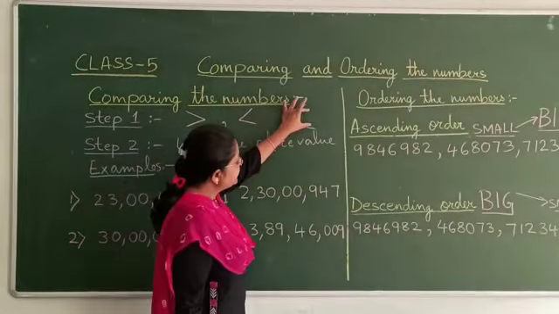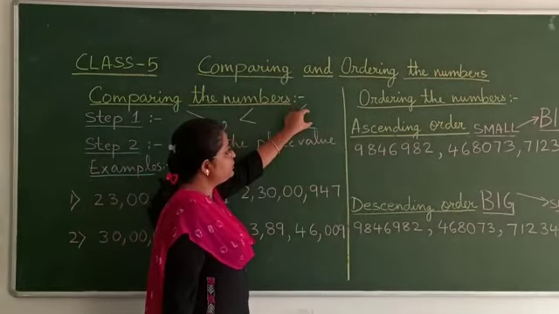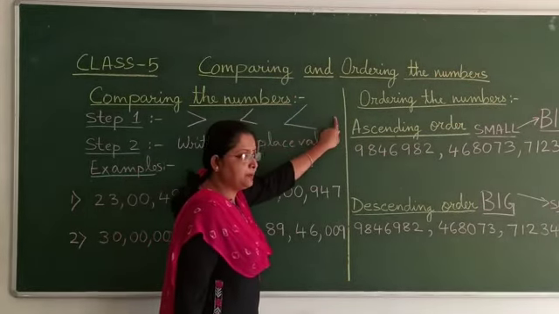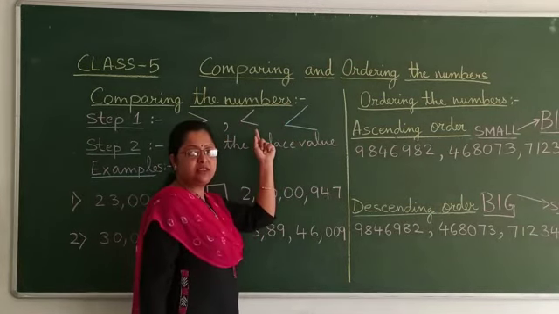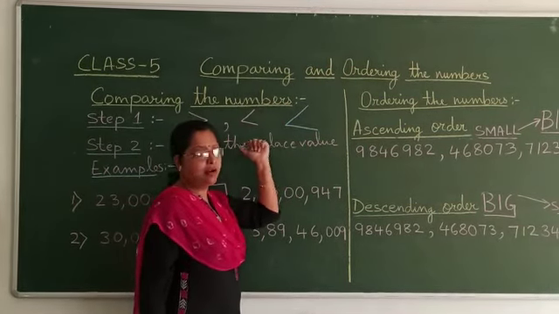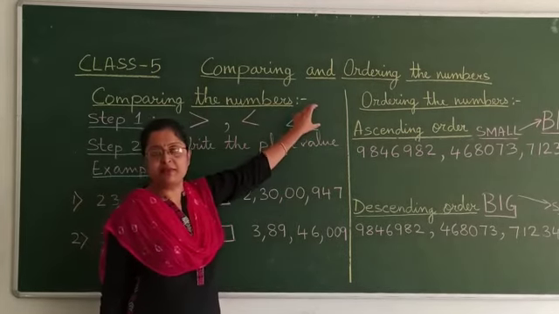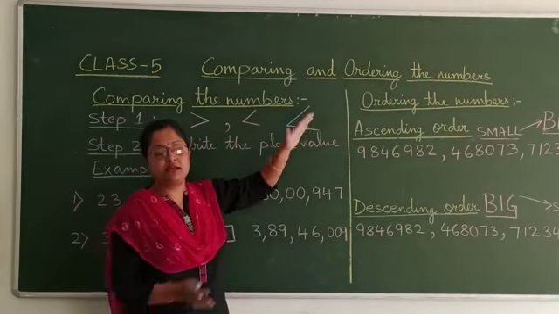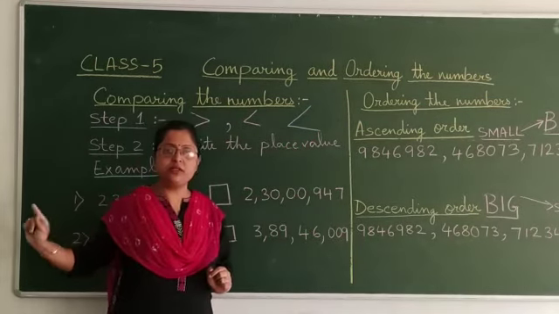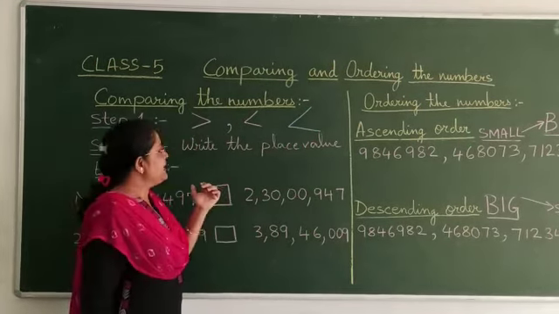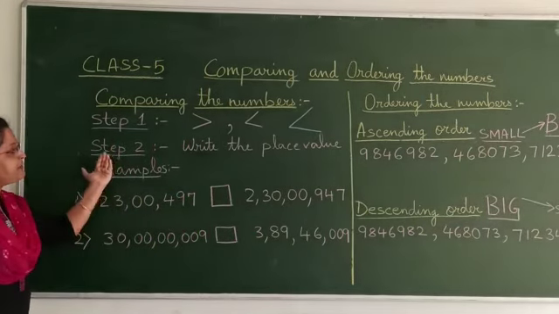The broader side of the sign opens up towards the bigger number and the narrower end is placed towards the smaller number. The opened up side is always towards the big number and the closed end is towards the smaller number. Now, let's see step number 2.